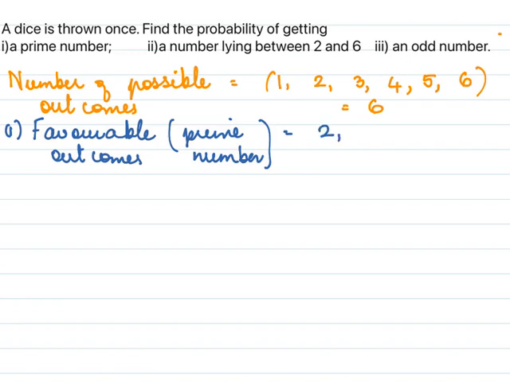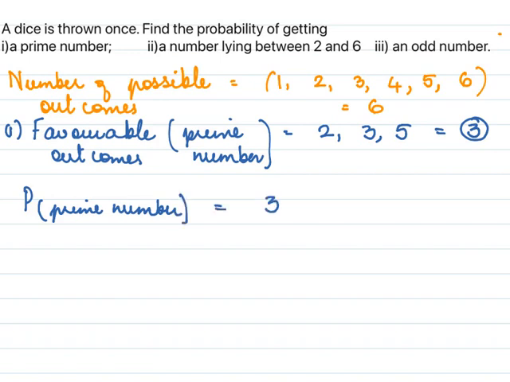So, the prime numbers are 2, 3 and 5. So, in total we have 3 prime numbers. So, the probability of getting a prime number is equal to 3 favorable outcomes, 6 total outcomes. So, that would be 1 out of 2.